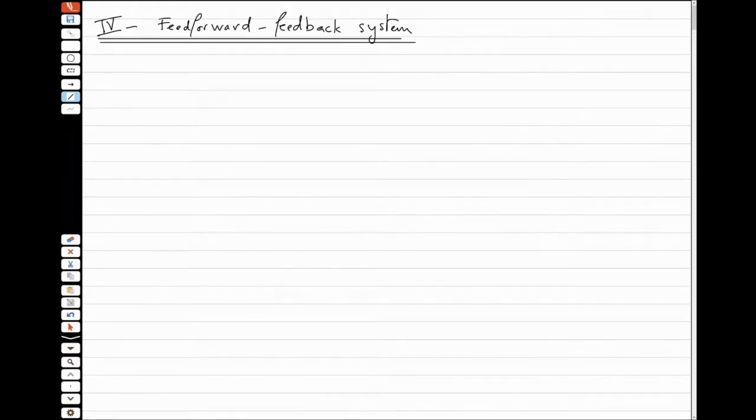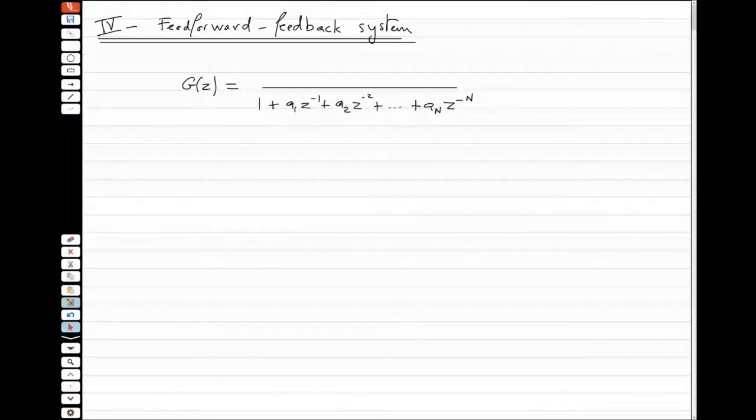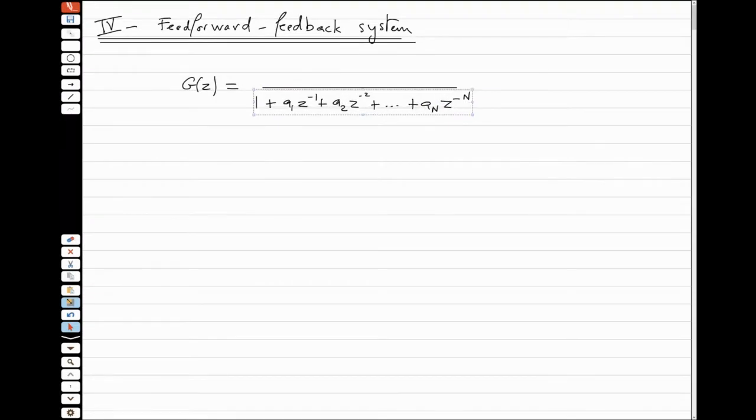So what we saw last time is feedback systems whose transfer function was of the type 1 over 1 plus A1 Z inverse plus A2 Z to the minus 2 plus ... AN Z to the minus N. But the even more general system will have a transfer function that will also contain a polynomial at the numerator.